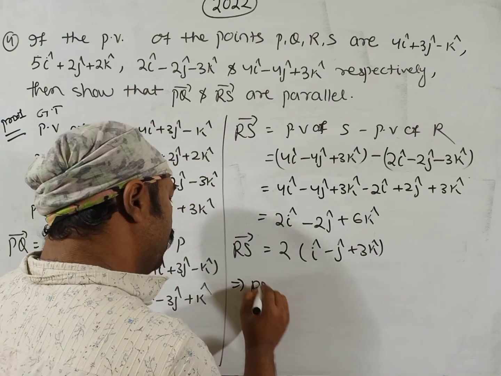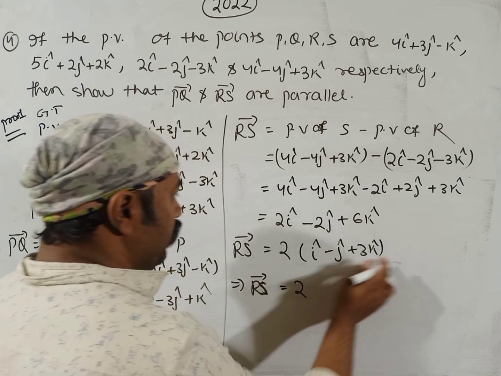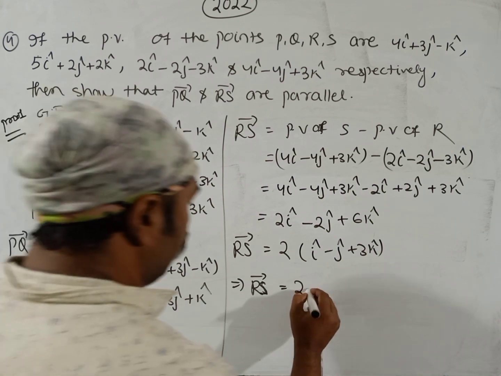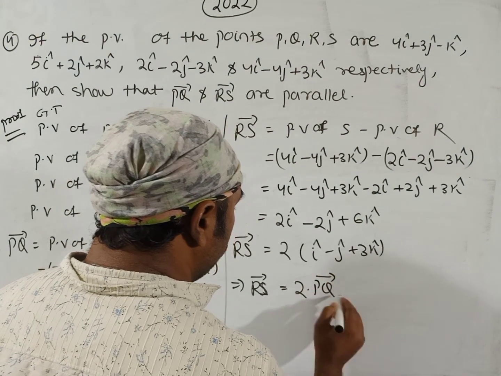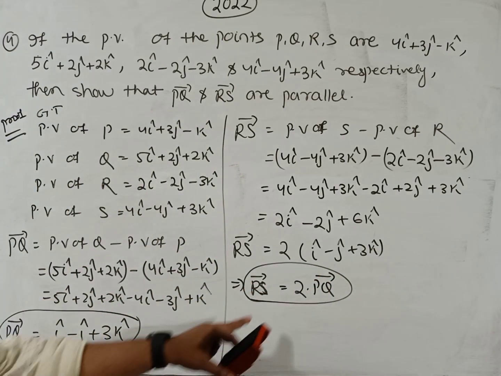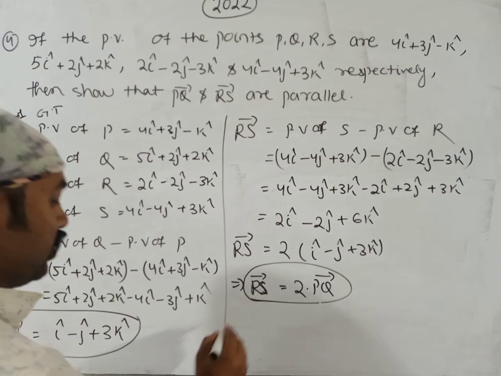So it will be RS vector is equal to 2 into, in place of i cap minus j cap plus 3k cap, we can put PQ vector, 2 into PQ vector. So here you can see that in this step, one vector is a scalar multiple of another vector. So both of the vectors are parallel with each other.